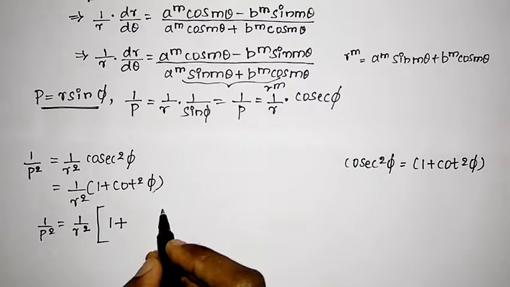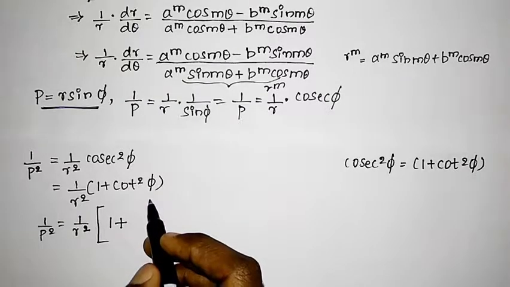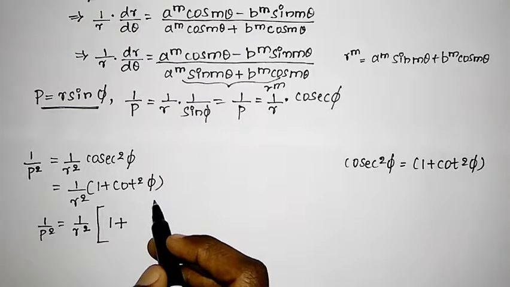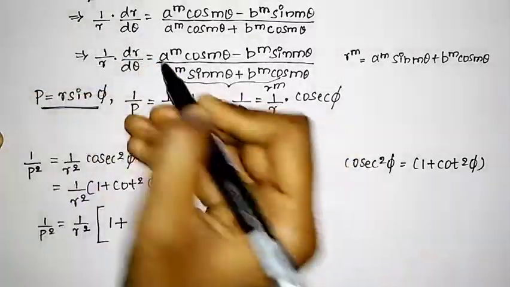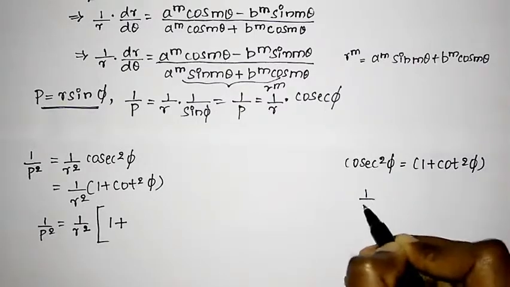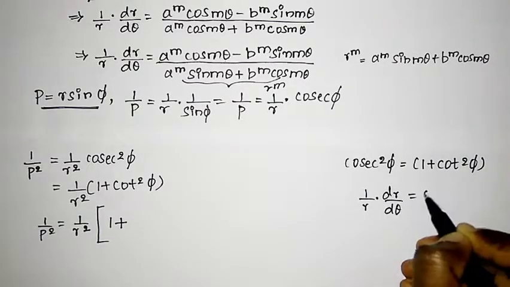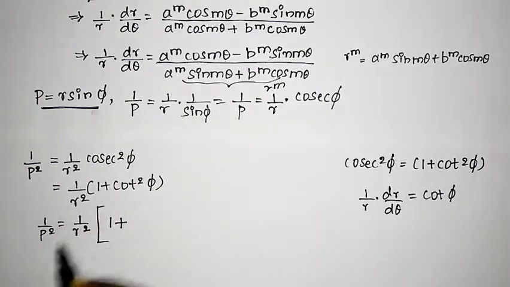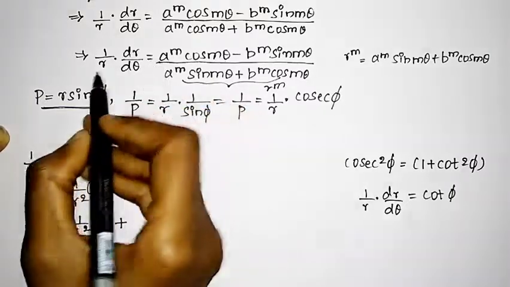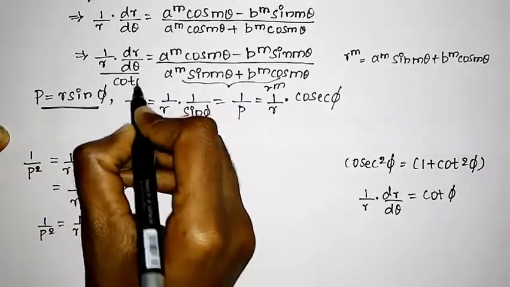Then we need to substitute the value of cot phi. We have obtained that 1 divided by r into dr upon d theta is nothing but cot phi. So from the above equation we can substitute 1 by r into dr upon d theta equal to cot phi.